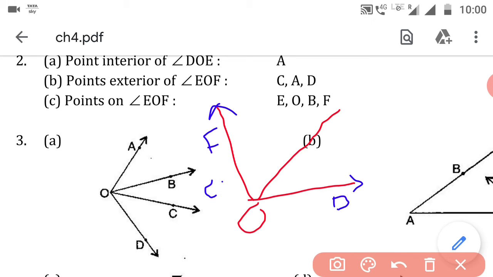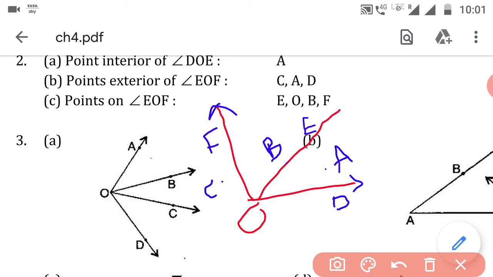Then C is here, outside. Then B. Here it is B, and here A, and here it is E, isn't it? So E. Okay, I will write E again. So this is point E.